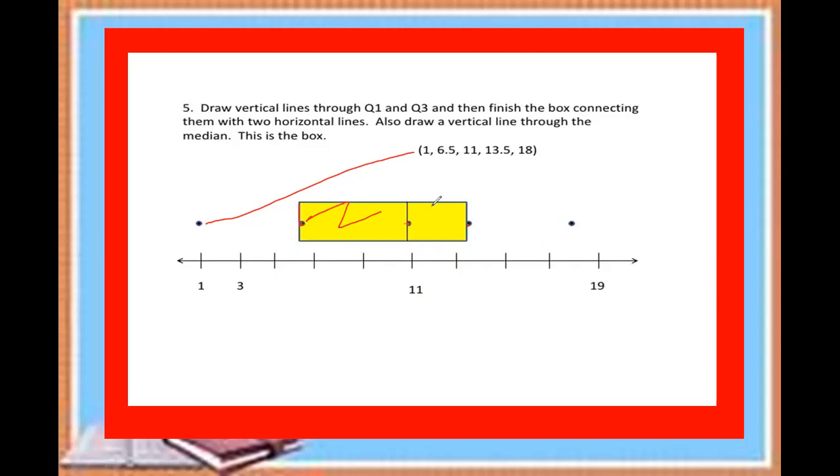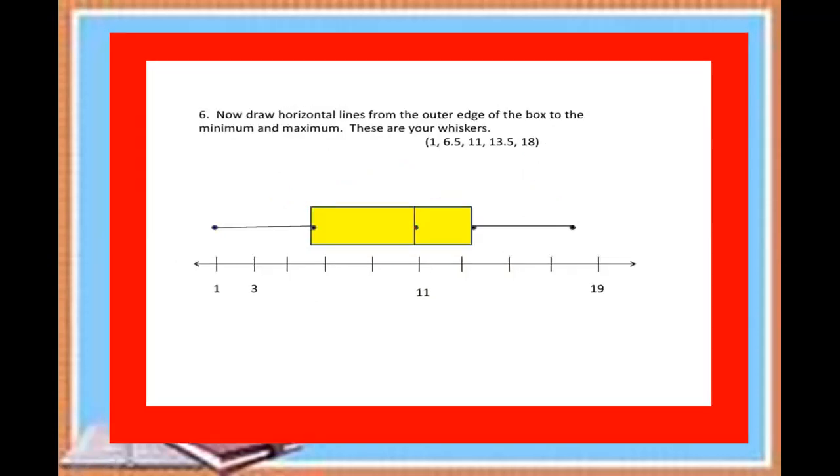This is now the box that we have created, and of course you have also the highest value, 18, in here. The next step will be for us to connect all the dots.